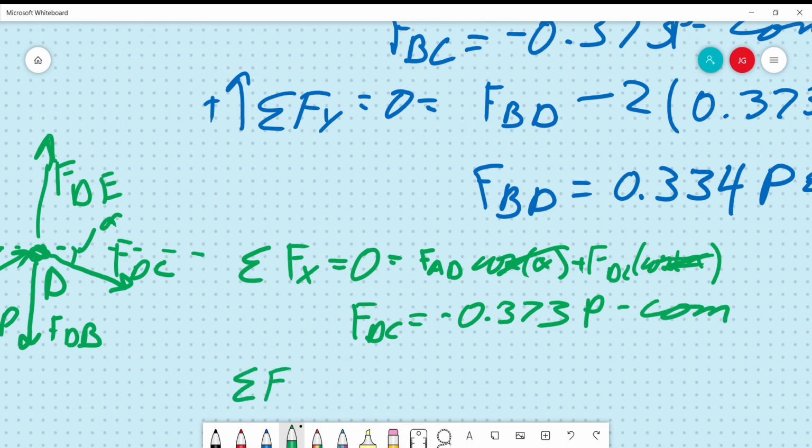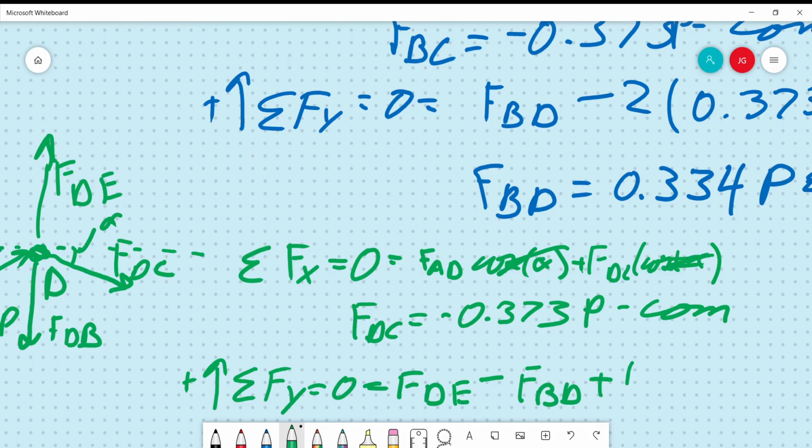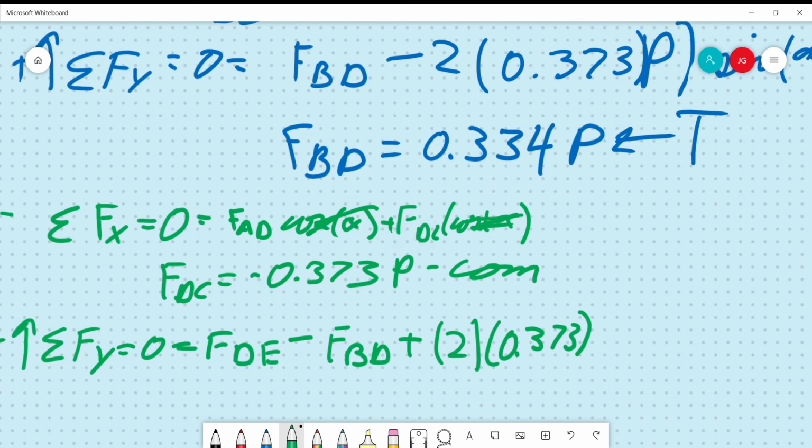And then you do some forces in the y equals 0, which equals this way positive FDE minus FBD, which is right there, plus the same thing as last time, 2 times that 0.373 sine alpha.